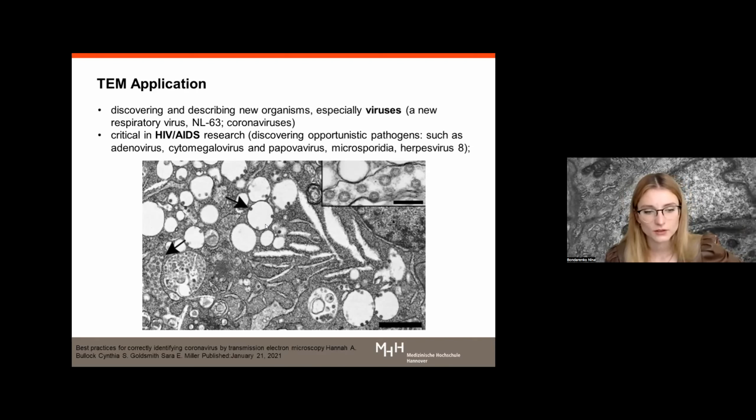And also, new viruses and old viruses that are well known can be discovered and described due to transmission electron microscopy. Also, TEM has been critical in HIV research, particularly in the area of morphogenesis and the natural history of the virus and tissue changes in the disease, and the identification and characterization of different opportunistic pathogens like adenovirus, cytomegalovirus, papovavirus, microsporidia, herpes virus, and different others.